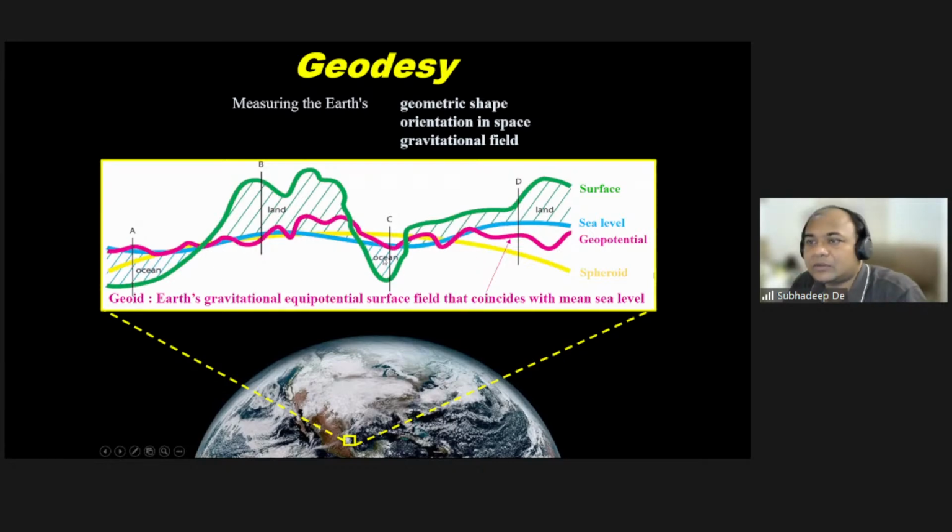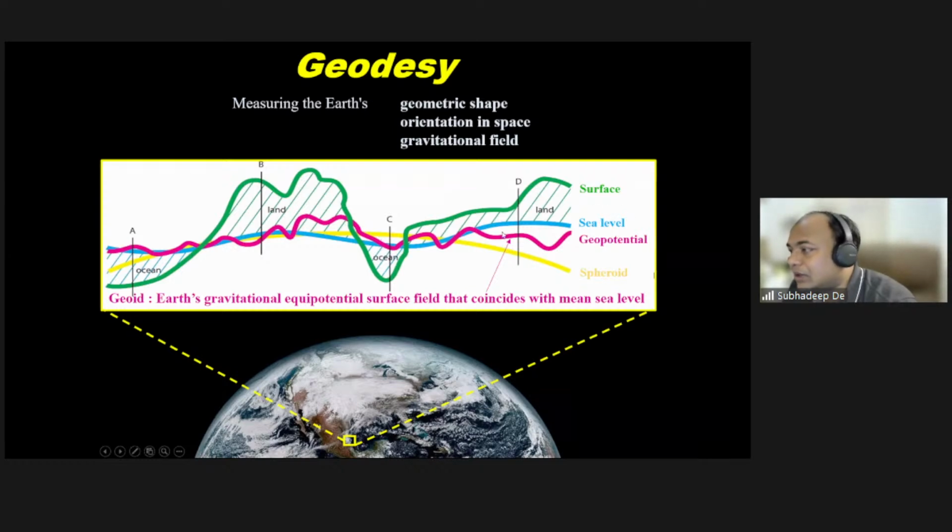So the spheroid, if you just consider Earth as a sphere, then this is just the surface of the spheroid. The blue one is the actual sea level at any location. So for example, in this part, the Earth's surface is much lower than the sea level. That means there is a sea, and here is some ocean, and so on.